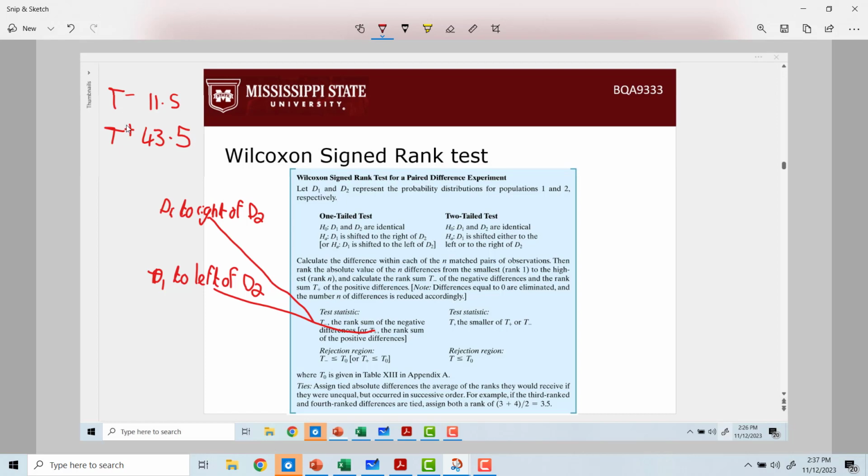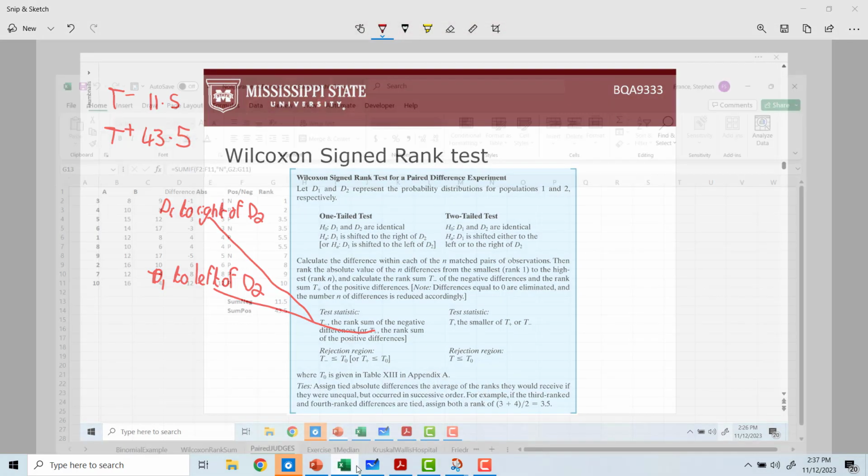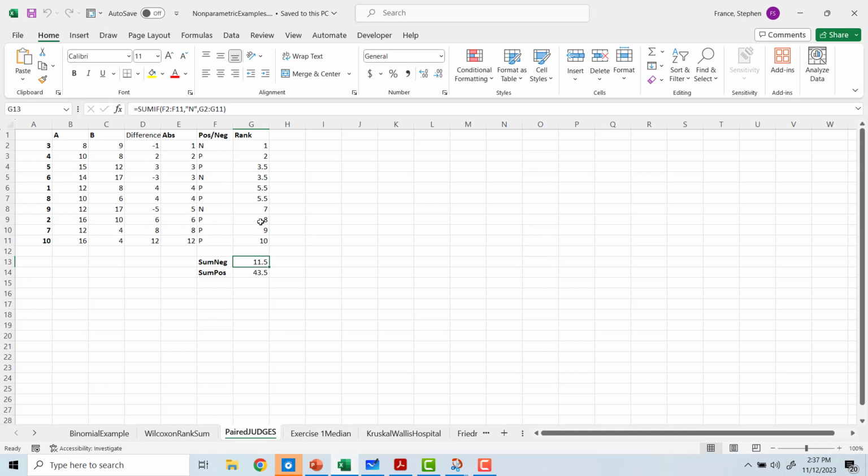We think that the positive group has a much higher rank. We can see this, that group A really is going to be bigger than group B here, because most of these are probably going to be positive. So again, this is kind of analogous.